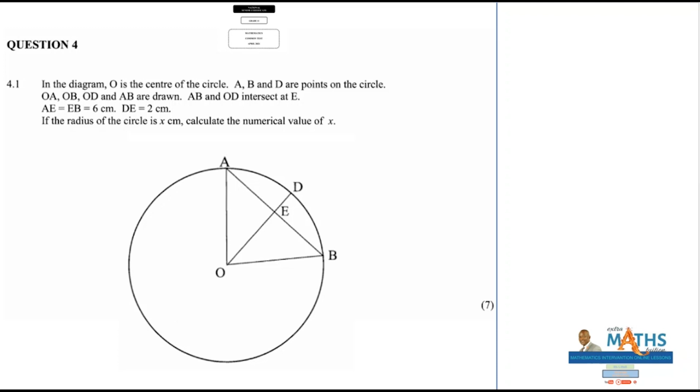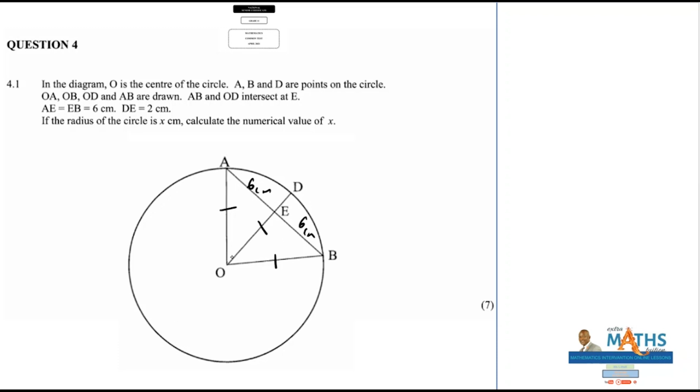In the diagram, O is the center of the circle. There is O, it means OB is equal to OA, and it's also equal to OD. Guys, these are the radii. And then they said AE is equal to EB, which is 6 centimeters each.